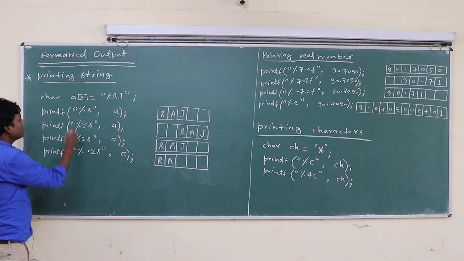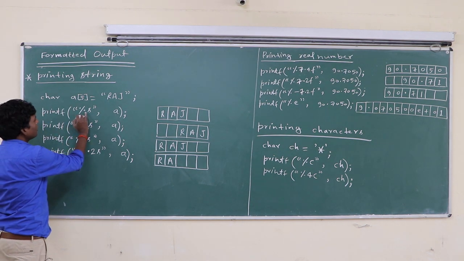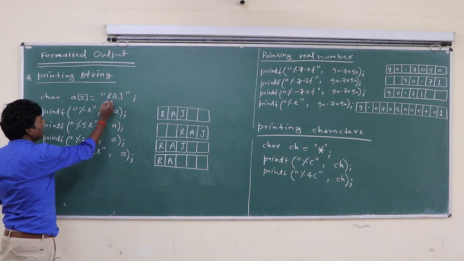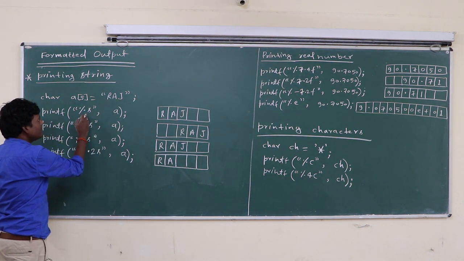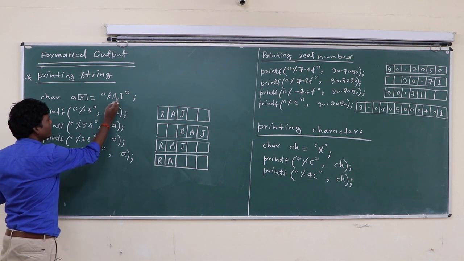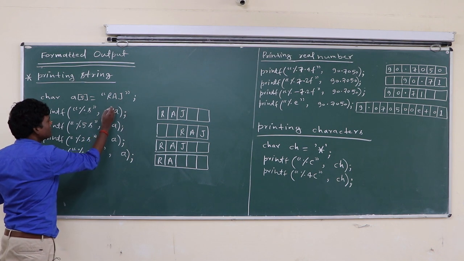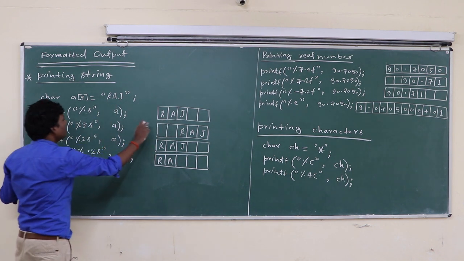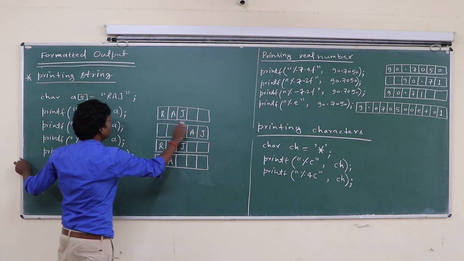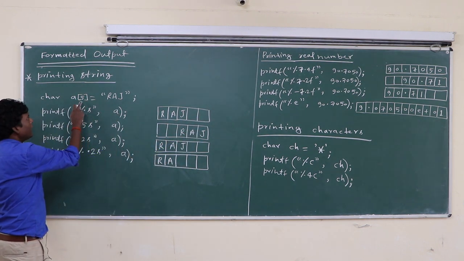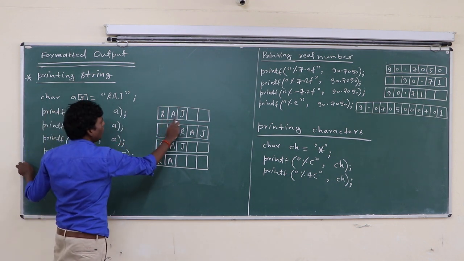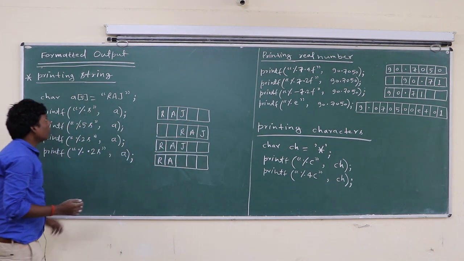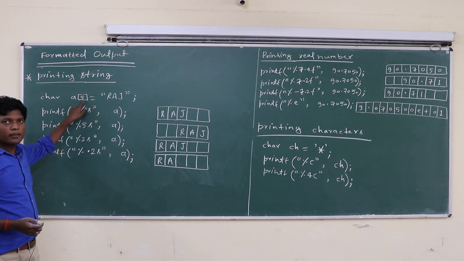So class, here 1 is less than the number of digits 1, 2, 3. The field width is less than the number of characters or number of digits, so it is printed normally. These 5 blocks are made because of the array size 5.